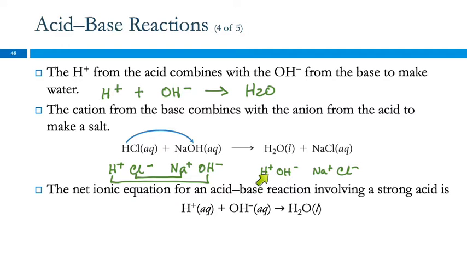When I do that, I get H plus and OH minus, which if I'm not really thinking very clearly, because it's too early in the morning or something, I might look at this as two ions and say, well, there's a positive and a negative. I need one of each. I'm going to put them together and I'm going to get, wait, that looks weird, right? What? Oh, that's water. We usually write it like this. Okay. So you should recognize that when you get these two ions together, it makes water.